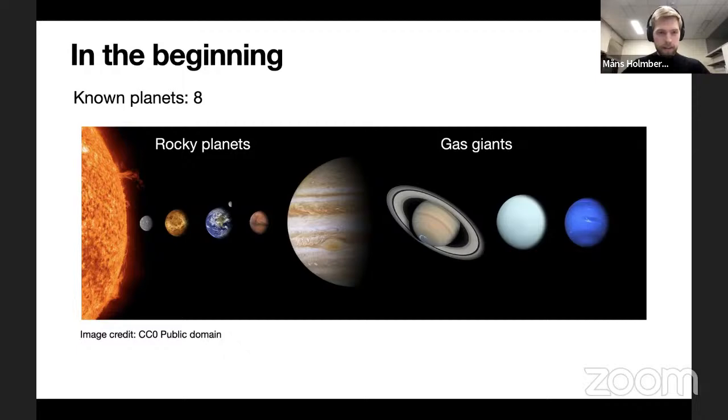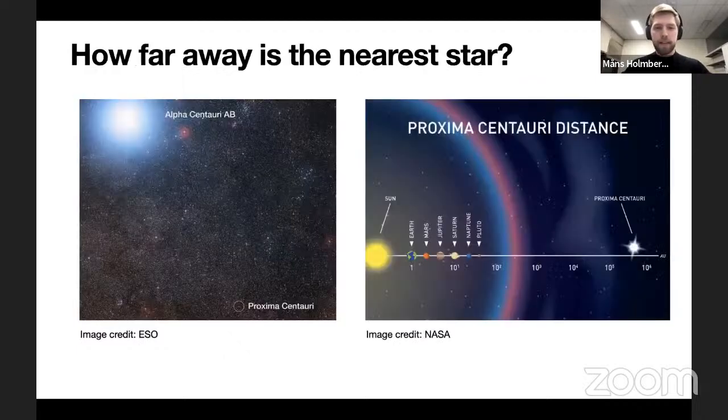Then recently, a few decades ago now, we started finding more exoplanets. So just to get a sense for how far away these exoplanets orbiting other stars are, let's have a look at the nearest star to our solar system. It's called Proxima Centauri, and the distance to Proxima Centauri is around 4 light years.